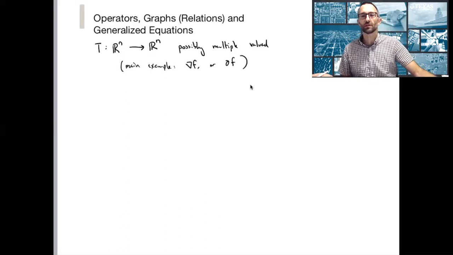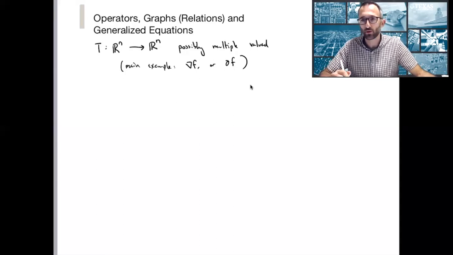And it's useful to think about the subdifferential or the gradient, in general an operator, through its graph, which is exactly the same way that we think about a function through its epigraph.